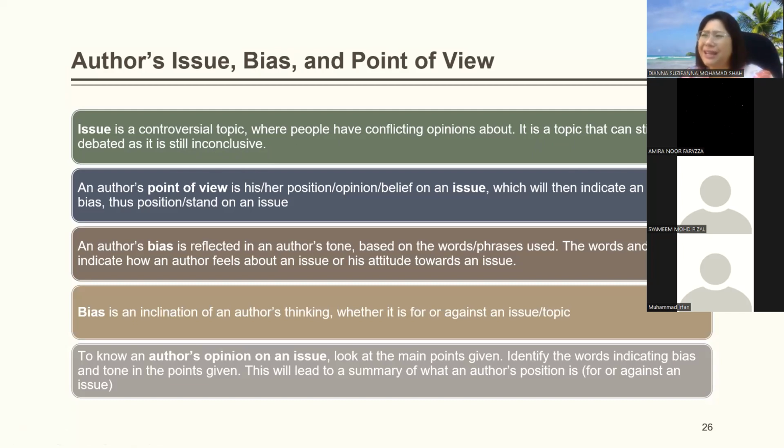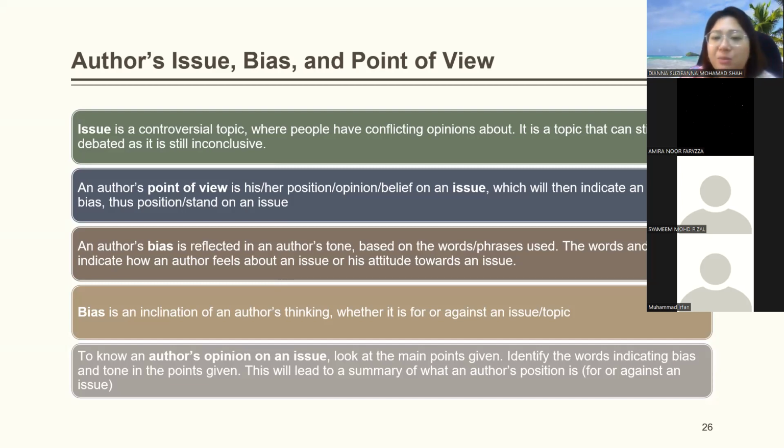Maknanya partially agree ni ada point, 3 points, for example, you agree with the e-book versus printed book just now, but you will also give another 2 points to support that printed books are better than e-books, for example. Okay, so in order for you to identify author's bias, you can check the words or phrases used.